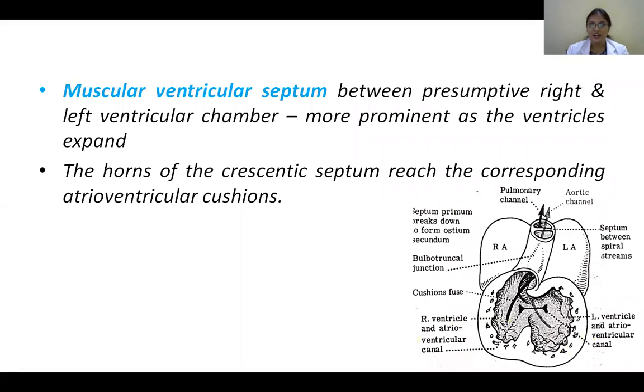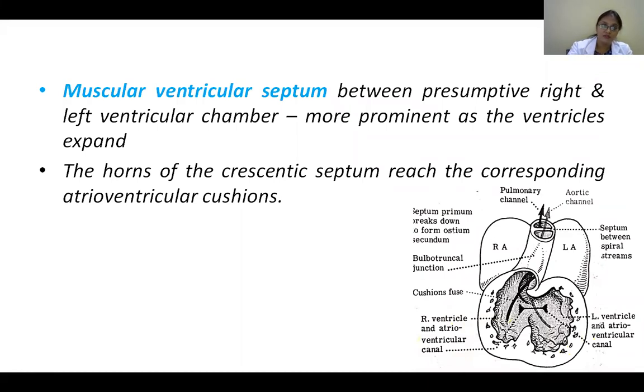This embryology part, just understand the basic concept. Congenital heart disease is a very important topic when you go to pediatrics. In pathology, you will see some abnormalities about the ventricular septal defects and all. Especially when you go to pediatrics, that's when this thing comes into play. So there are septal defects. Whenever a septum is formed, there can be an anomaly in the formation.